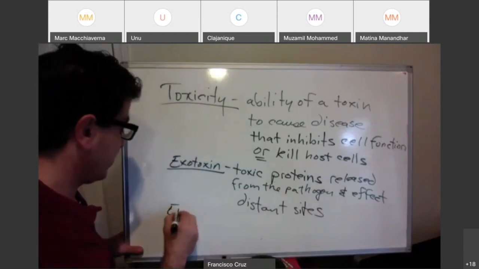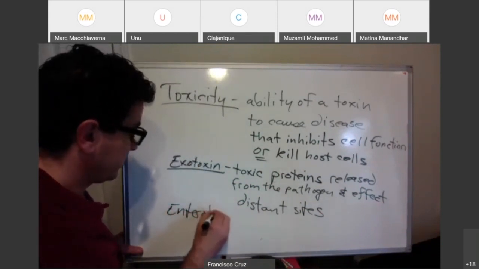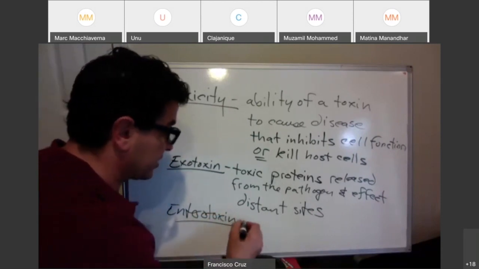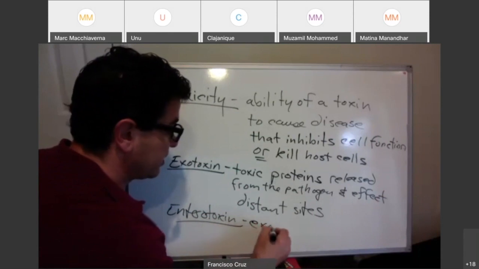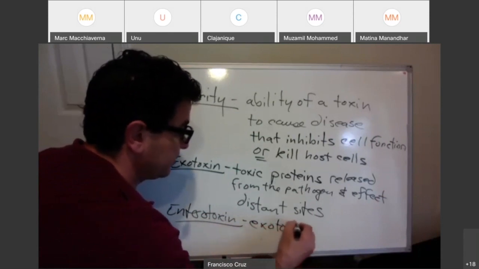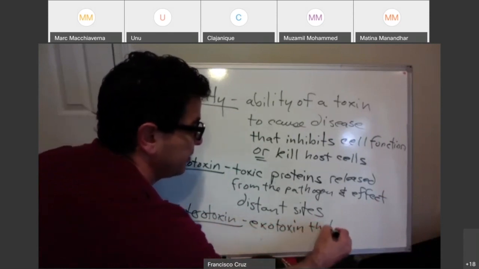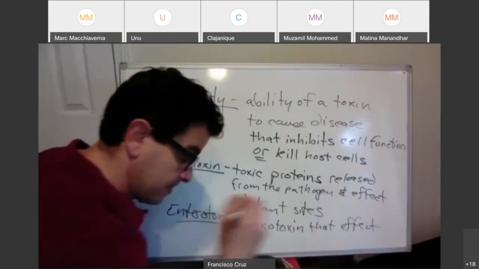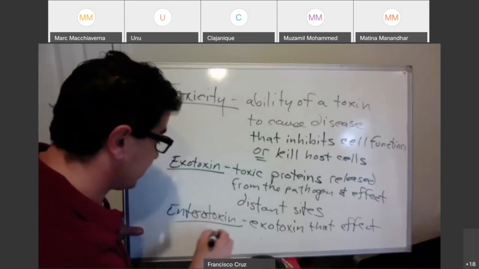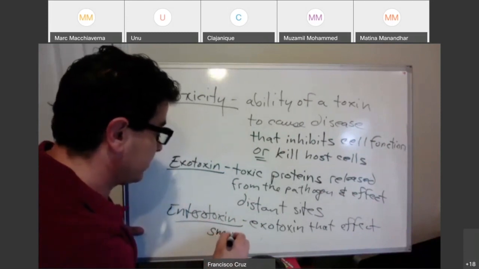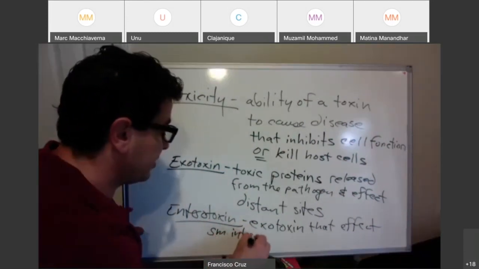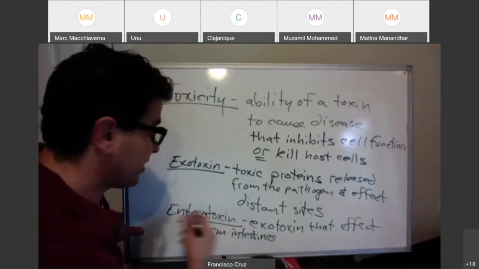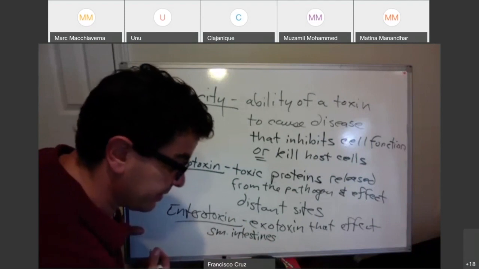Okay, and then one more, enterotoxins. These are exotoxins that affect the small intestines. It's very safe to always associate enterotoxins with intestines. Think of enterotoxins, you want to think of diarrhea.